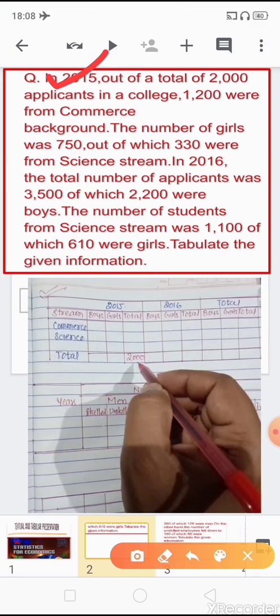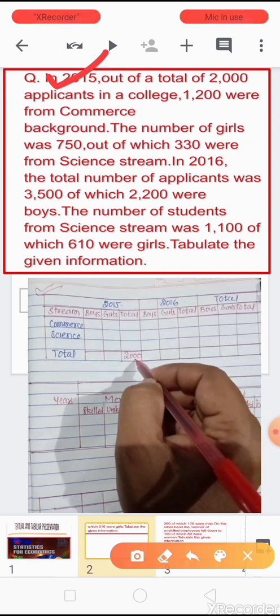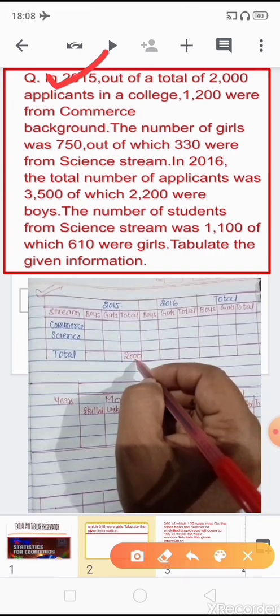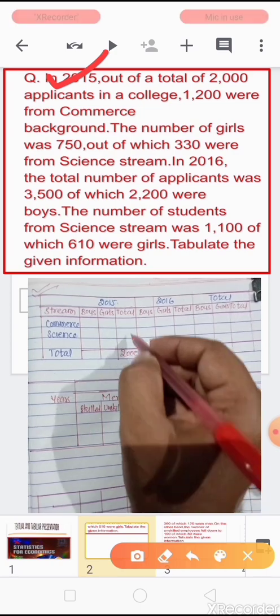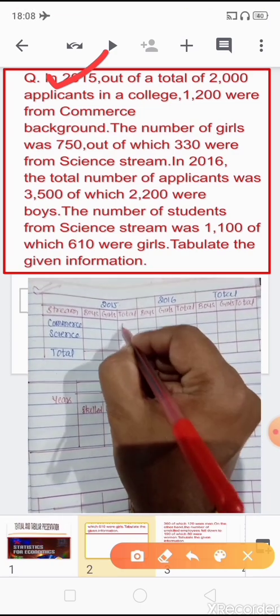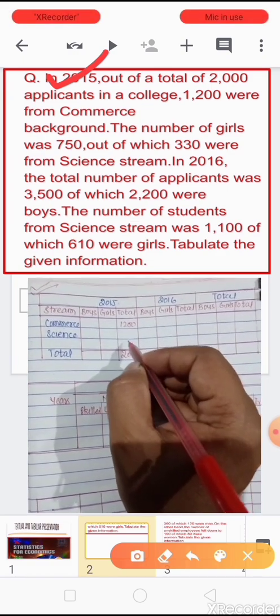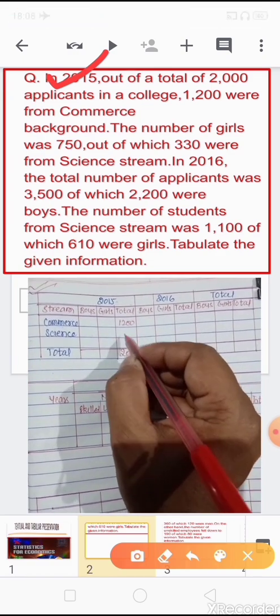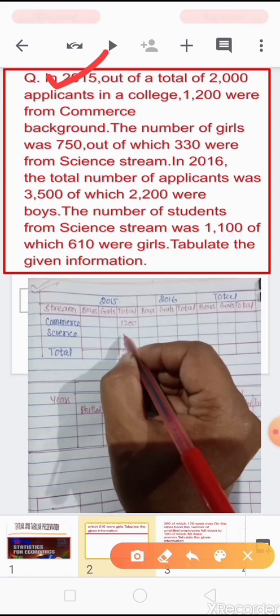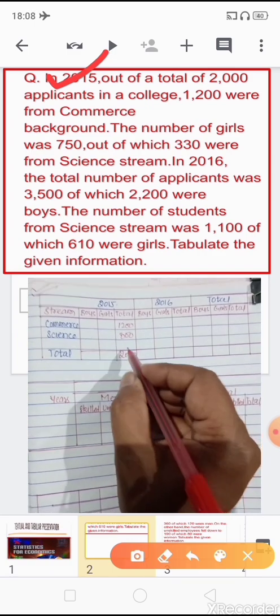These 2000 have applied for admission, and out of these 2000 applicants, children, 1200 were from a commerce background. So the total number of students who applied for commerce is 1200, and we can easily find out that those who applied for science will be 800. This is clear.